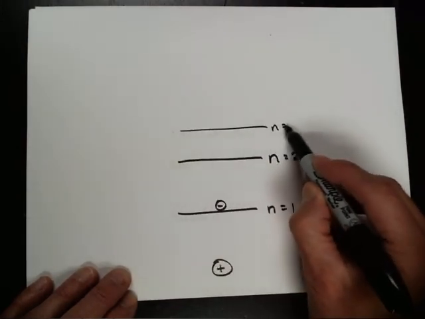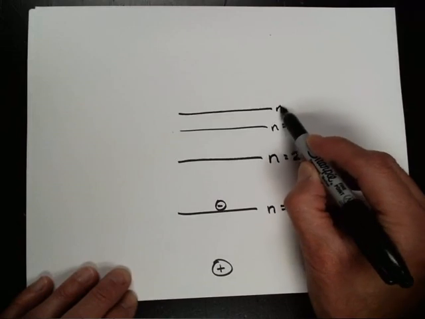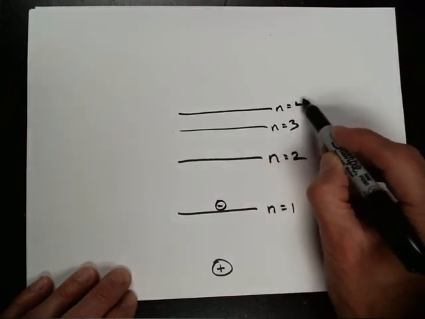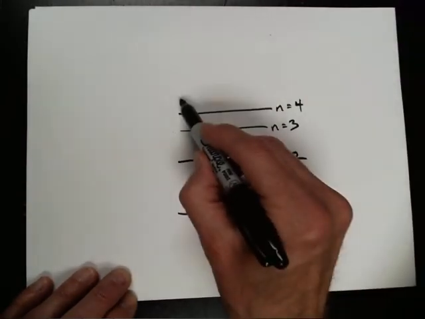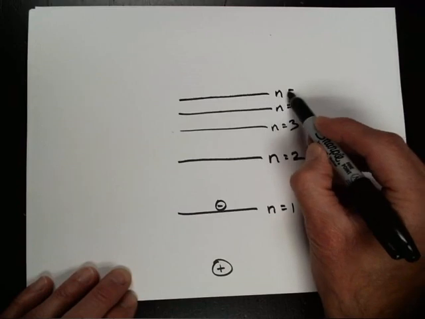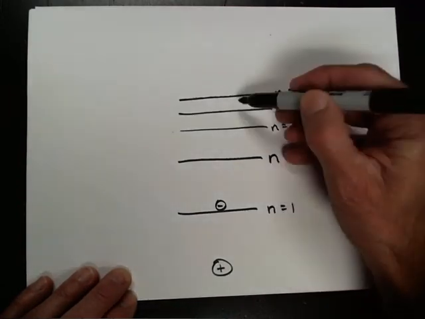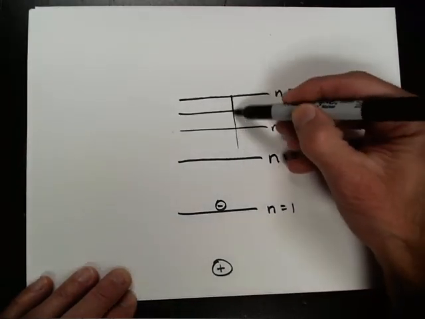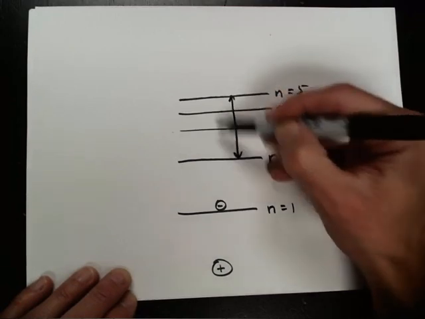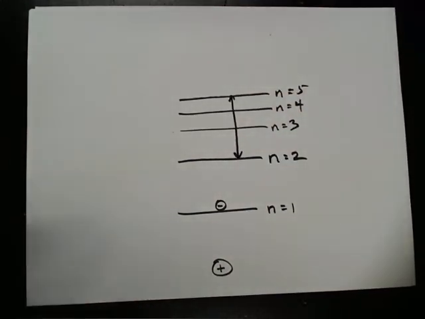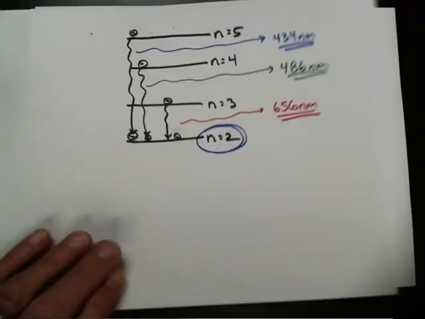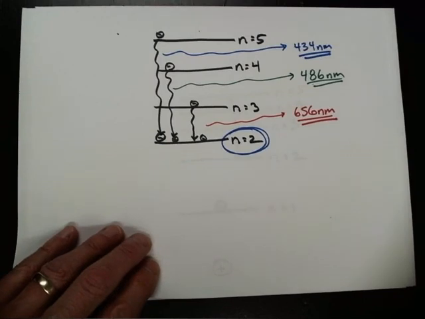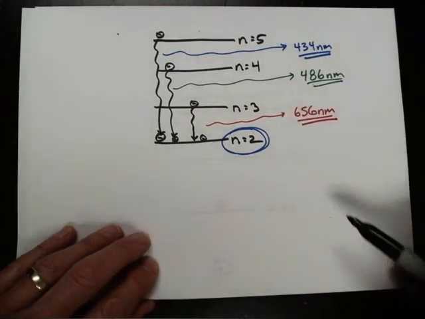And there's several of these higher state shells. They run all the way up to n equals infinity. But by calculating the difference in energies between these various shells that the electrons can move between, we can actually get some insight into the colors of light that hydrogen either emits or absorbs.